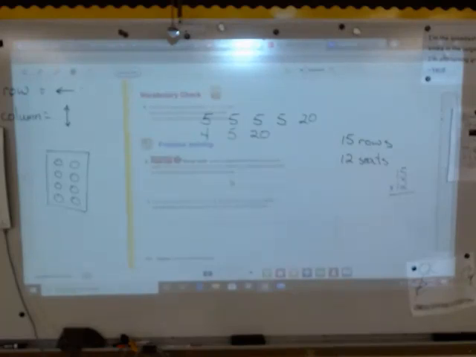5 rows. So right now you've got 3, so we need to add how many more rows? We're on top, we're on the bottom, right?